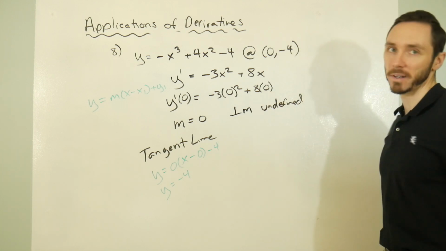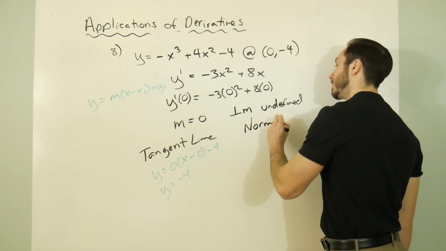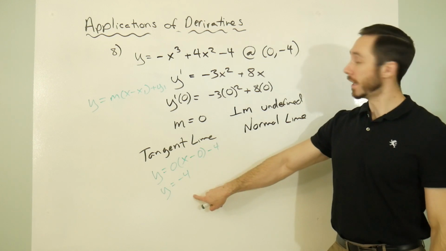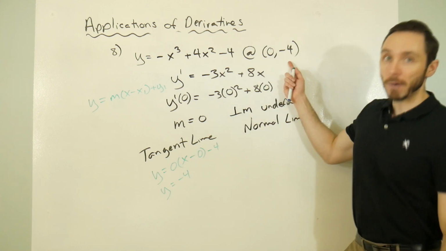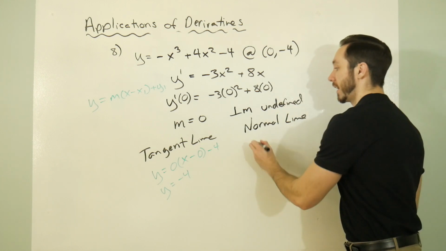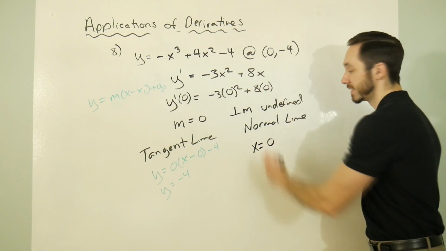So this one had some tricks up its sleeve. The normal line, instead of it being the horizontal line at the y component, will be a vertical line, x is equal to the x component. x is equal to 0.